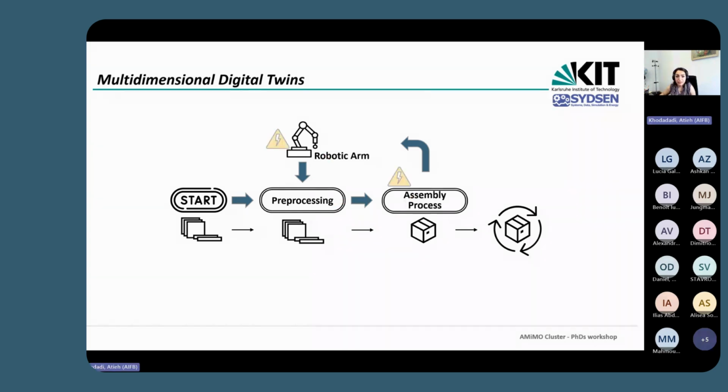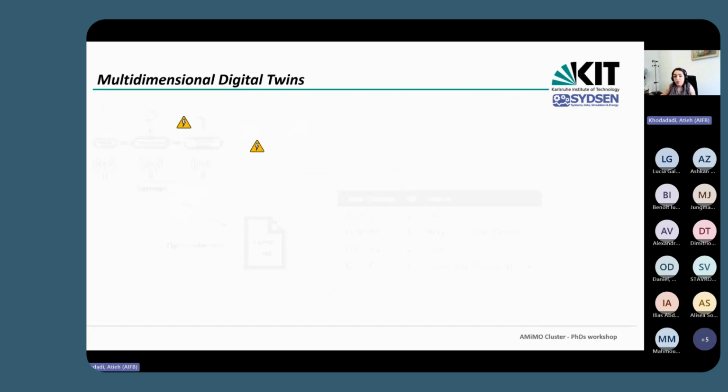What it means is that in both states, the assembly process and the idle state, the robotic arm is consuming energy. And how we want to simulate this model is a question mark for our PhD process, which we are developing now.